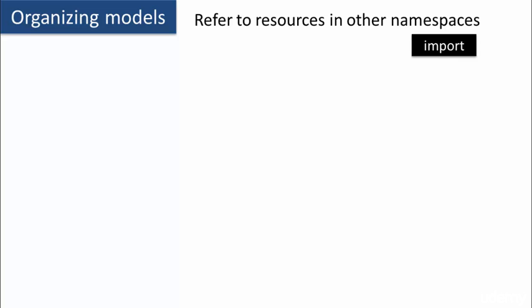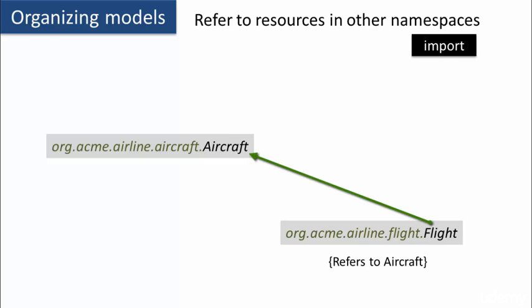As an example, let's consider the flight resource in the org.acme.airline.flight namespace. This resource has to refer to the aircraft, which is in a different namespace, org.acme.airline.aircraft.aircraft. So this is the resource it needs to refer to as part of the relationship. In order to do that, I'll have to add the import statement.